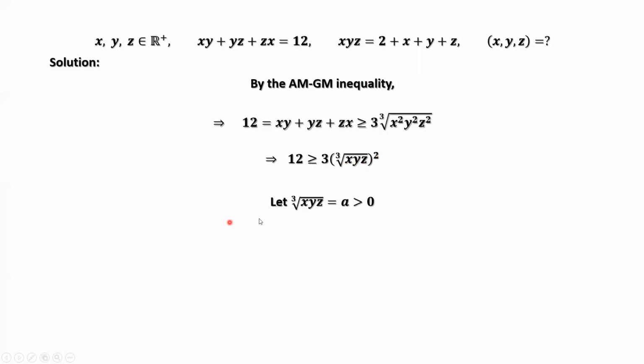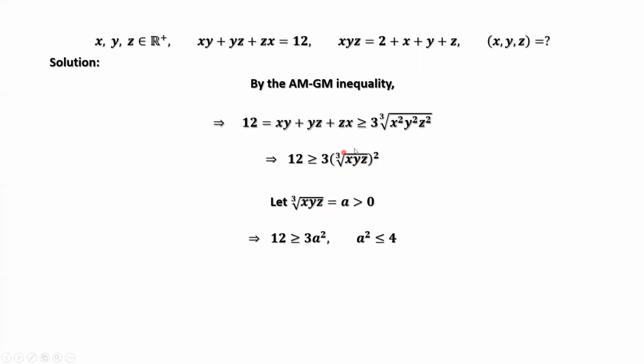Let's define the third root of xyz as a. Because x, y, and z are positive, therefore a is positive. This implies 12 is bigger than or equal to 3a squared.